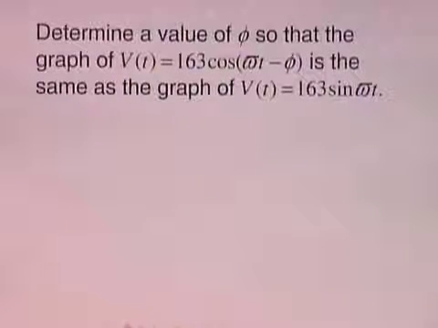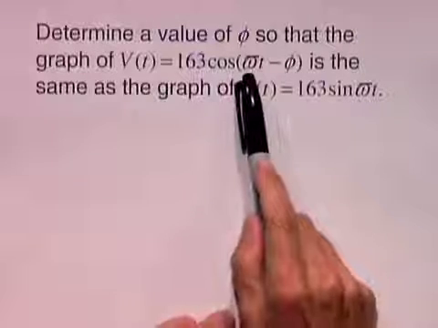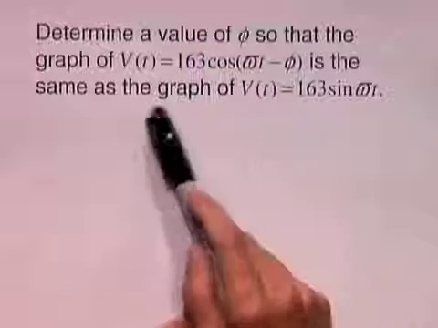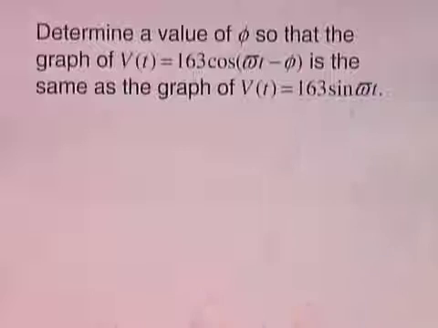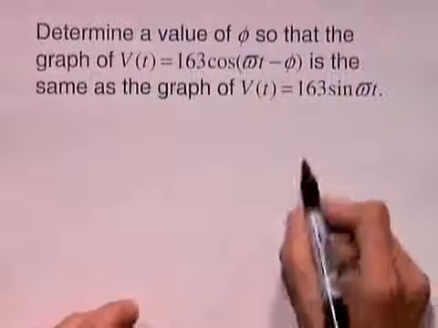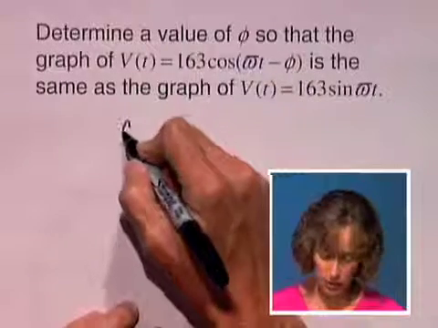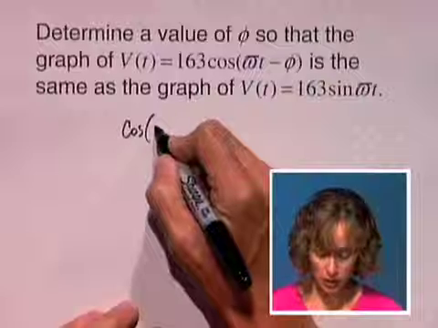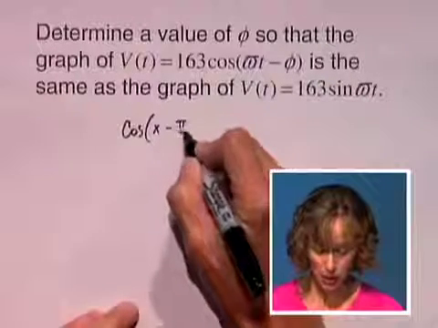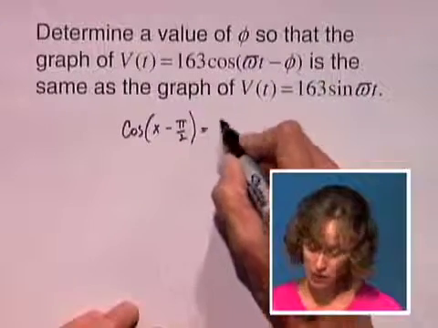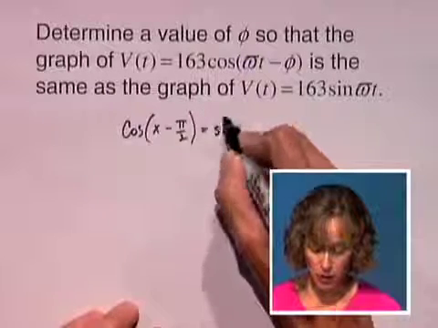We want to determine a value of phi so that the graph of V of t equals 163 cosine this time, not sine, but cosine of omega t minus phi is the same as the graph of v of t equals 163 sine omega t. Well, the phi that we're going to come up with is based on the fact that the cosine of x minus pi over 2, this is an identity, is equal to the sine of x.